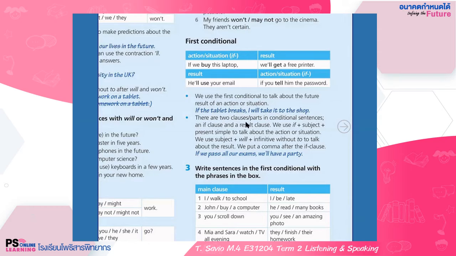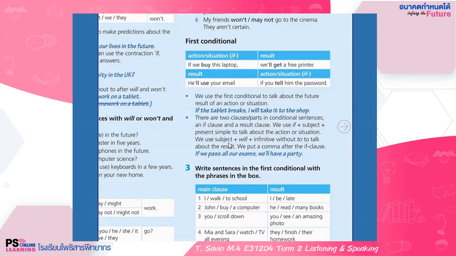There are two clause parts in conditional sentences. An if clause, so if, and a result clause. We use if plus subject plus the present simple to talk about the action or situation.